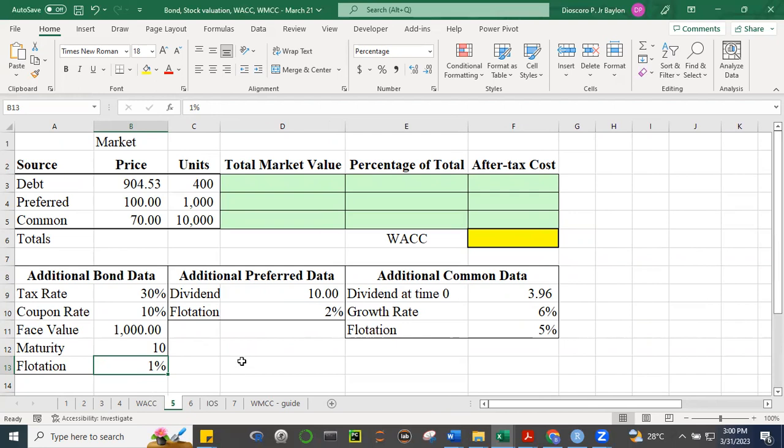Flotation cost means that if the company is going to issue this bond, that's the net payment that they will have to pay the agencies that will float the bond for them, because usually companies do not have the expertise on floating bonds, so they get the services of investment banks.